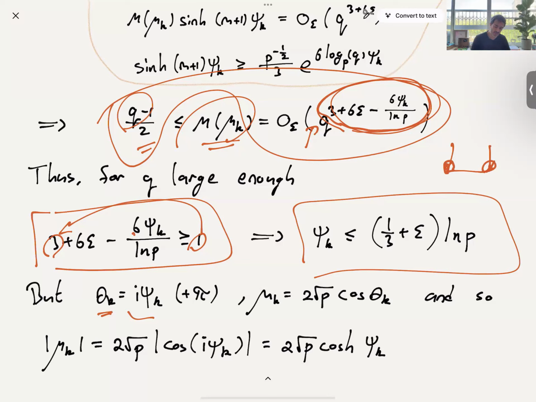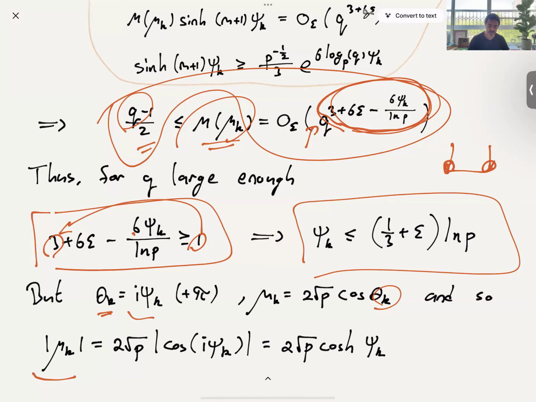And so taking absolute values, the absolute value of mu k is 2 square root of p times the absolute value of cosine of theta k. And theta k is i psi k, maybe plus pi, but the absolute value doesn't care about the pi. So you can just write it as cosine of i psi k.